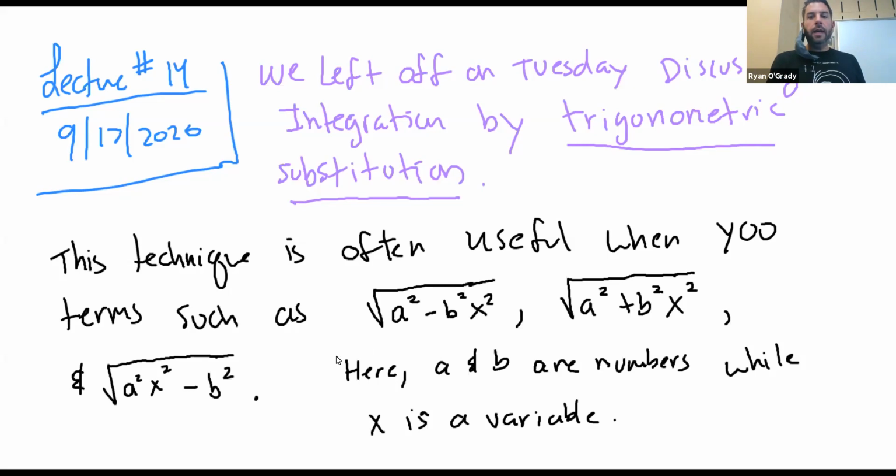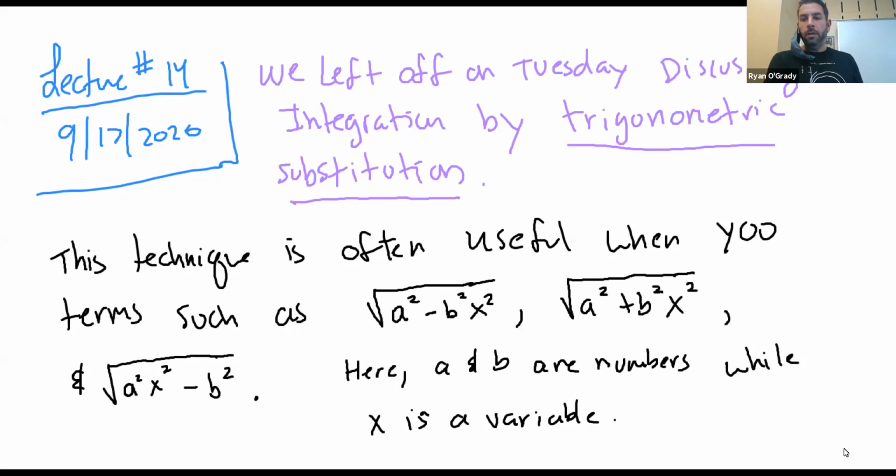And with the second one, I'm thinking of 1 plus tangent squared equals secant squared. And with the third one, I'm thinking of secant squared minus 1 is tangent squared.